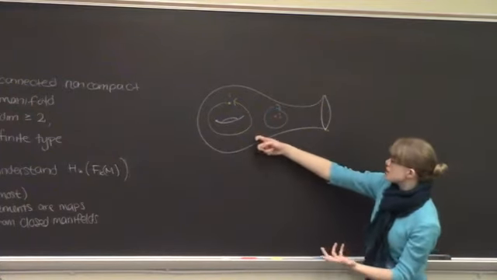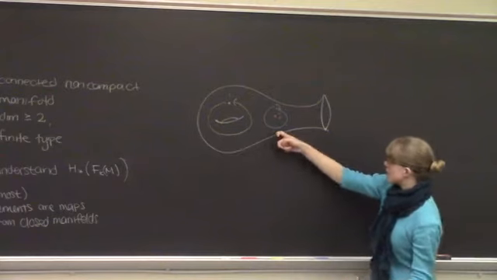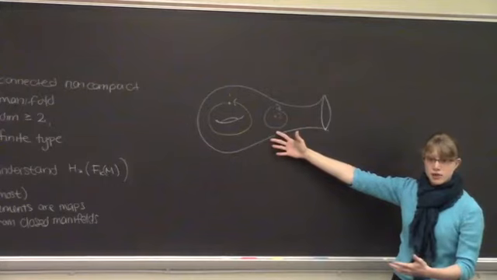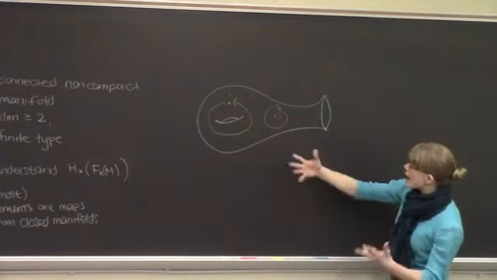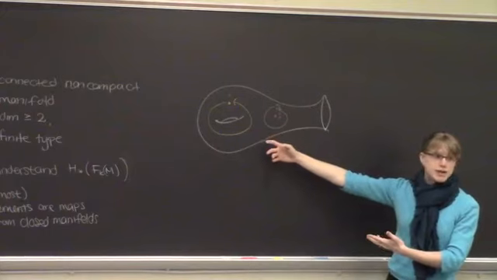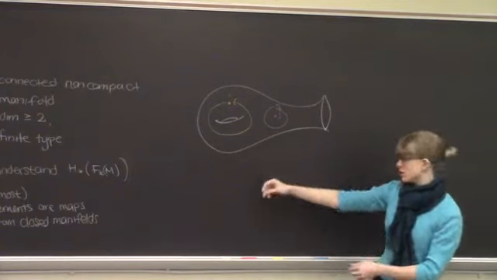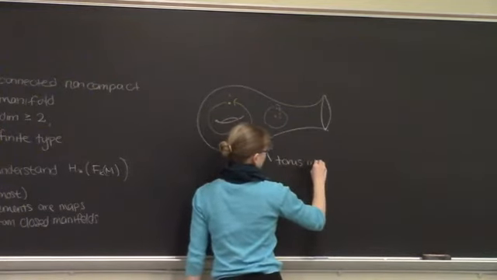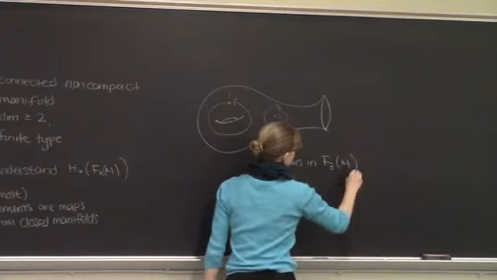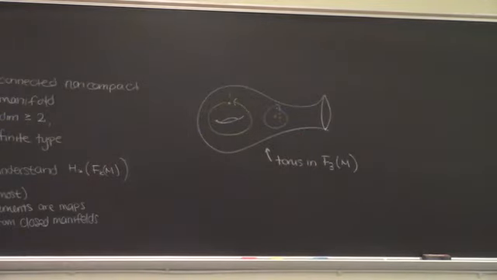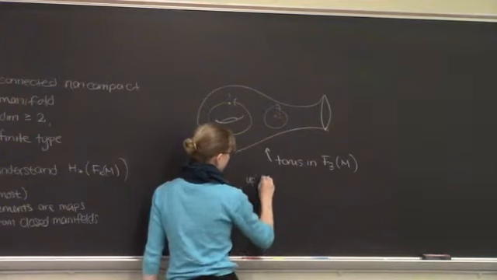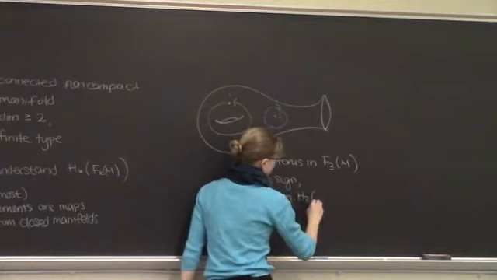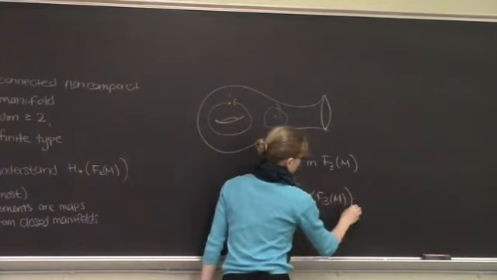And so what that means is that this is a picture of S1 cross S1. This is a picture of a torus in my configuration space. And as such, at least up to sign, this specifies an element in degree 2 homology. So up to sign, this is a torus in the configuration space of M on 3 points, and up to sign, this gives me an element in its degree 2 homology.